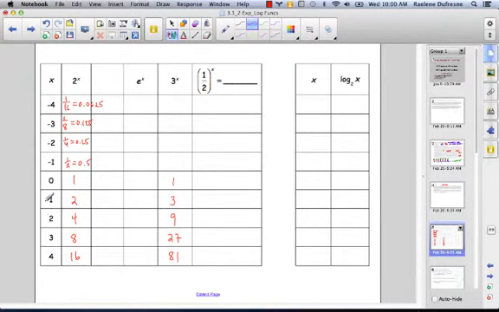If we reverse the direction in our table, as x decreases by 1, in this 3 to the x case, y divides by 3. So 81 divided by 3 is 27, divided by 3 is 9, 9 divided by 3 is 3, 3 divided by 3 is 1, 1 divided by 3 is 1/3, which is 0.3 repeating. 1/3 divided by 3 is 1/9, which is what 3 to the exponent -2 is, which is 0.1 repeating.